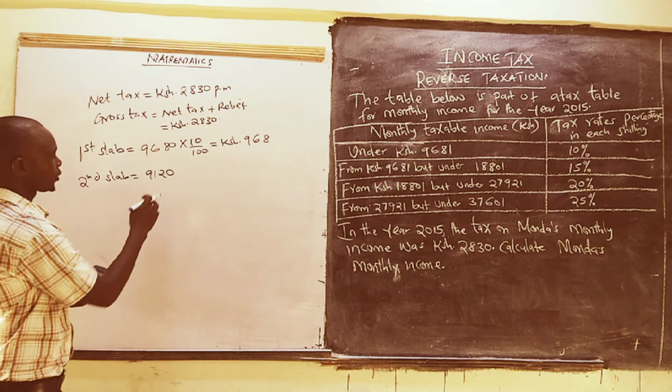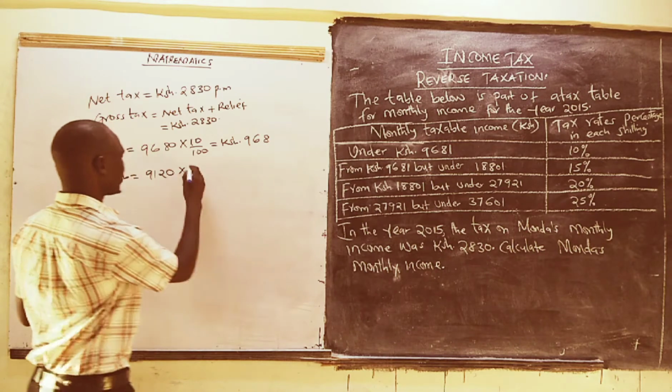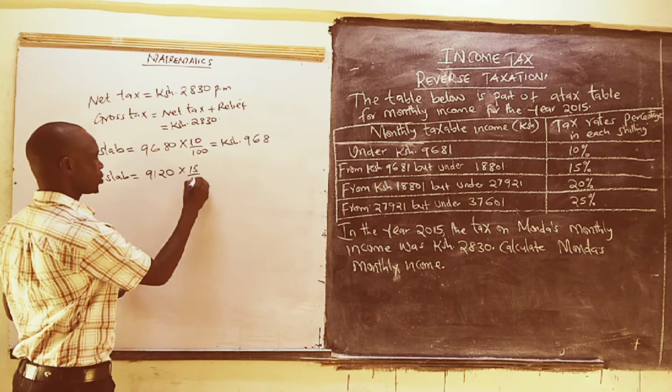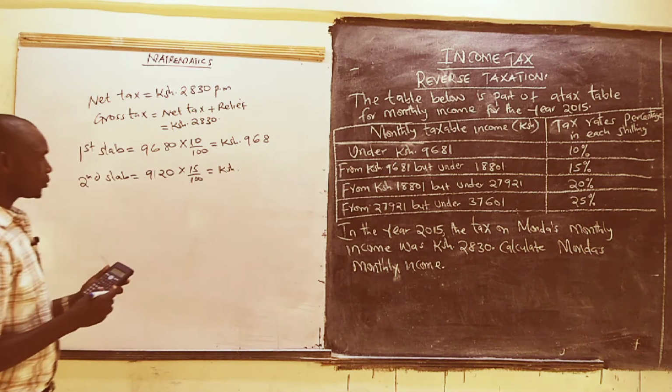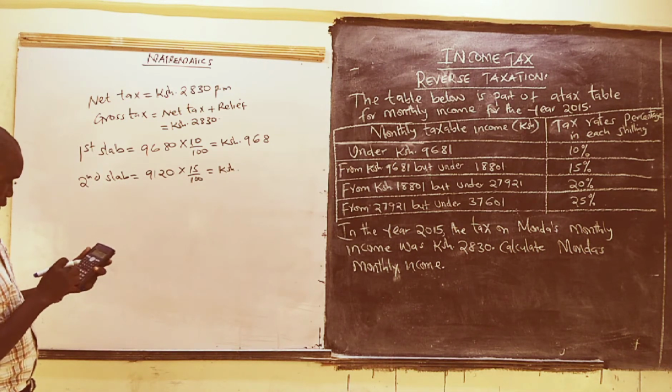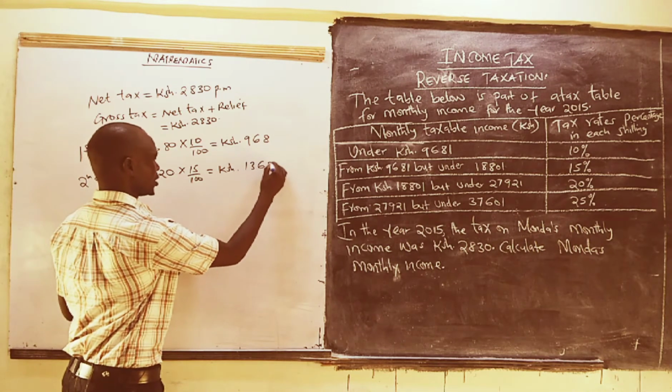This is the amount of money that was taxed at the rate of 15%, that is 15 out of 100, and this one is going to give us 9120 times 15%, which is 1368.